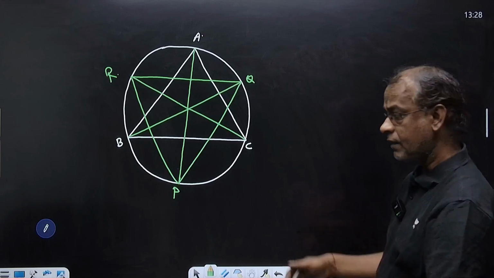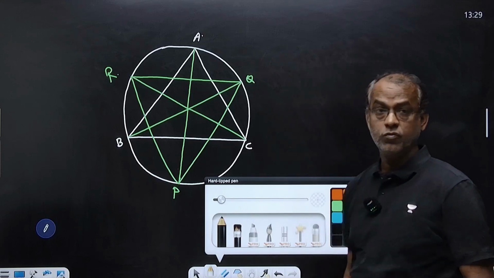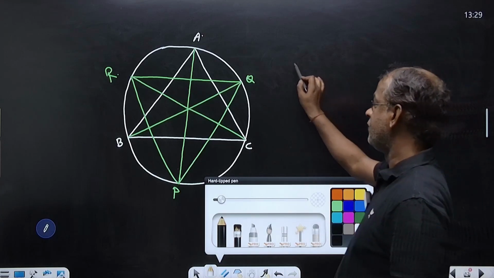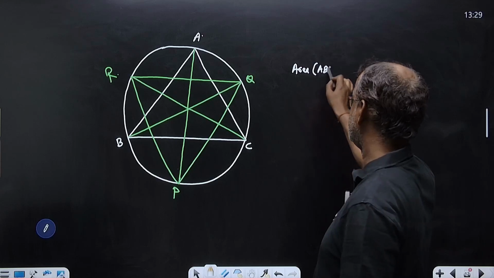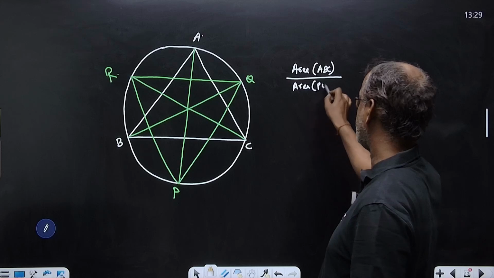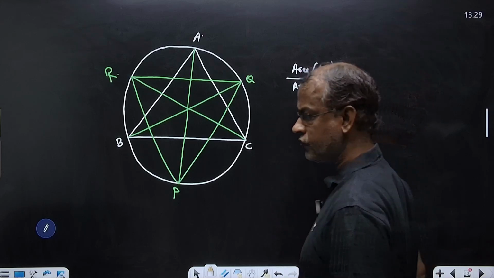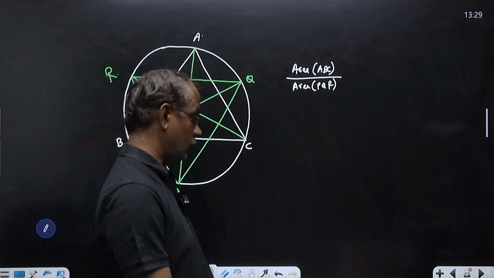So if triangle ABC is known to us, what will we do? We are asked the area of ABC, a known triangle, upon the area of PQR whose vertices are the points where the angle bisectors have met the circumcircle. So what do we do?